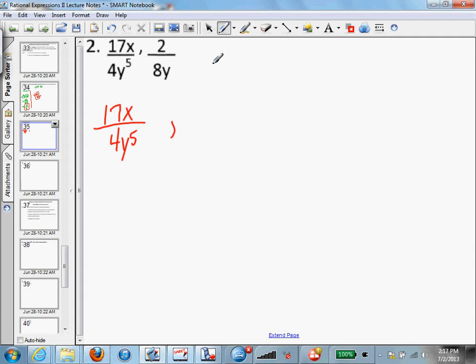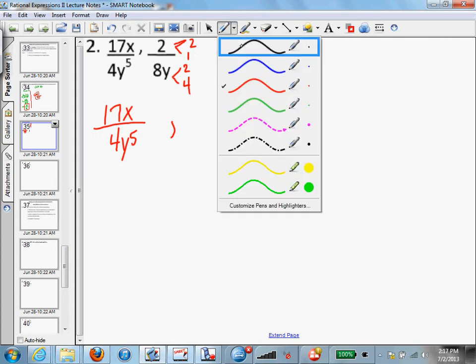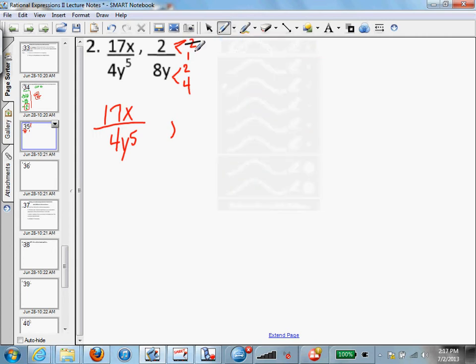But if you look at the second fraction, you can think of 2 as 2 times 1, and 8 could be 2 times 4. So you could say these 2's could cancel out, leaving you with just 1 over 4y.